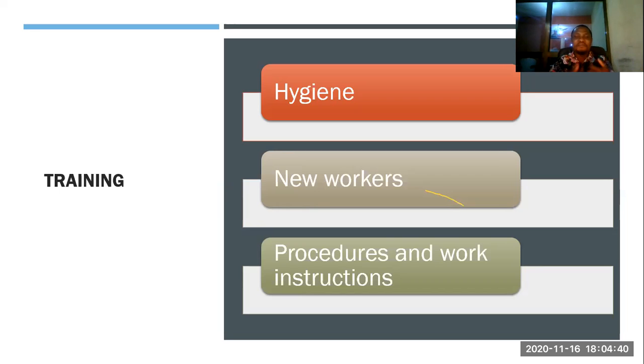If the company just asks workers to come and sign for the audit, some auditors can go as far as doing that to verify. So it is up to you to know how to play around it to ensure that the workers are familiar with what they are supposed to be trained in.